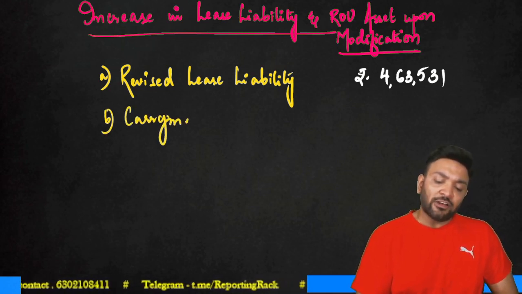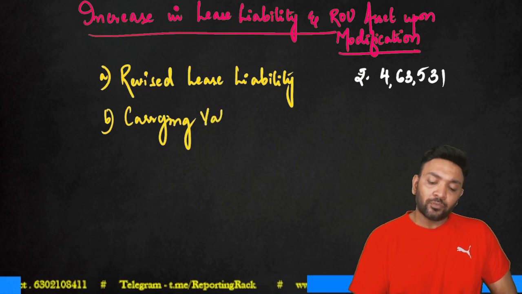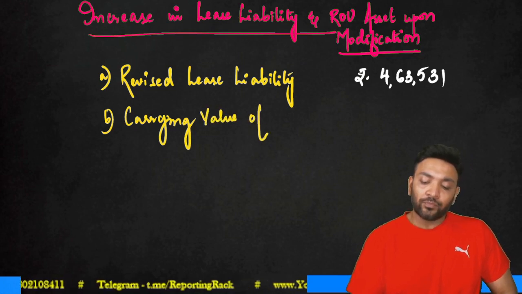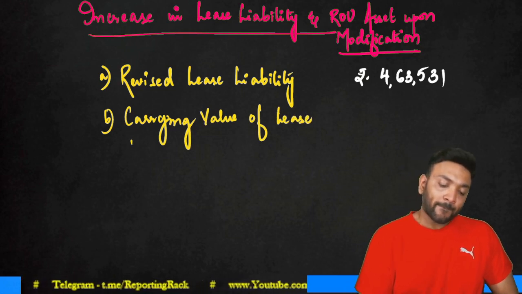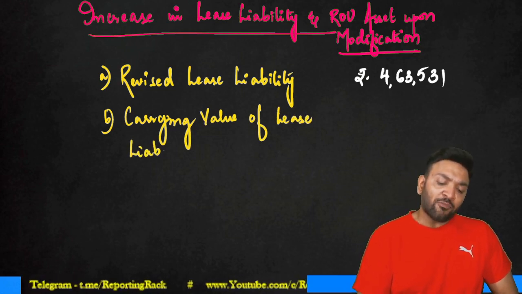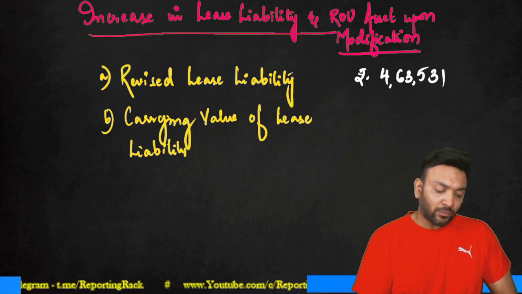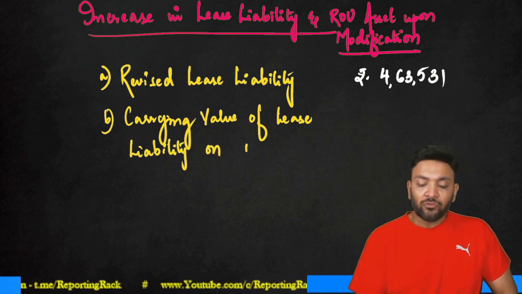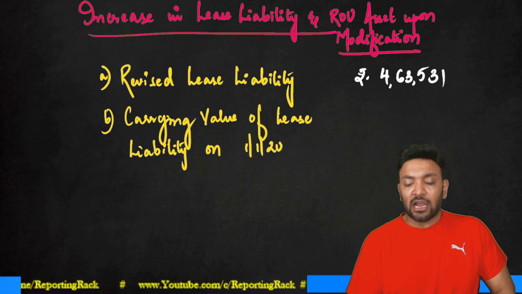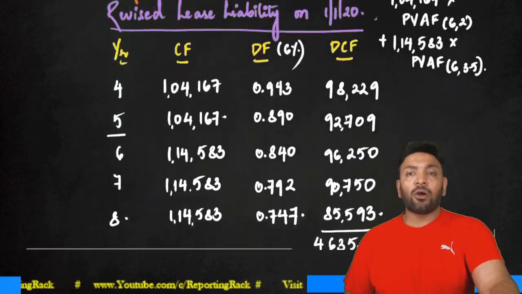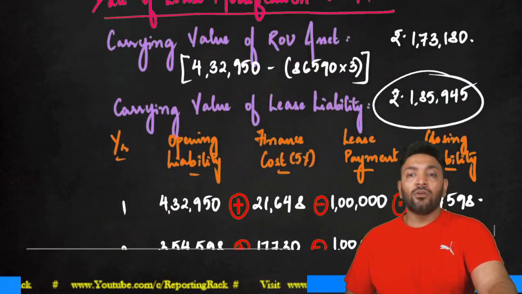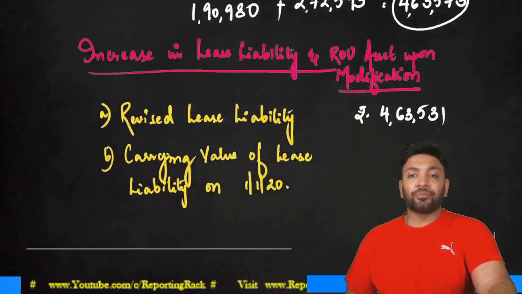Carrying value of lease liability on the date of modification, 1st January 2020. How much was the carrying value of the liability? I already have. Go up above and check. 1,85,945.